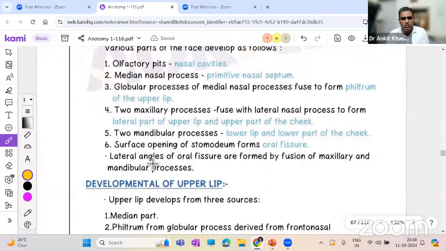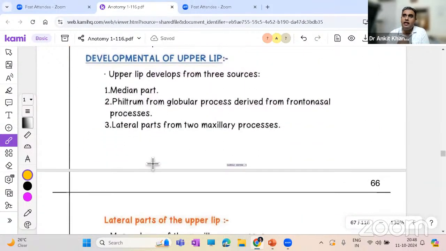Just go through them. But I told you to mainly understand the cleft lip, because clinically, in vivas or MCQs, questions mainly come from the cleft lip. If you happen to go to a pediatric surgery department, you might see cases of cleft lip and cleft palate not once but a second, third, fourth time.